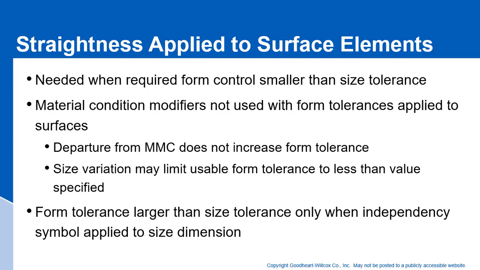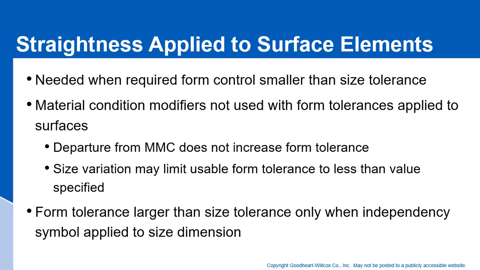If you need something to be straighter than what would be allowed by the maximum material boundary perfect form envelope, you need to apply a form control with a smaller tolerance than your size. Material condition modifiers are not used with form tolerances applied to surfaces.